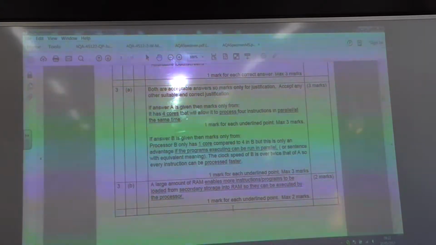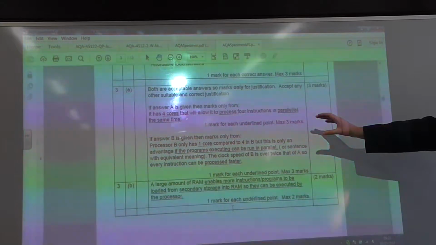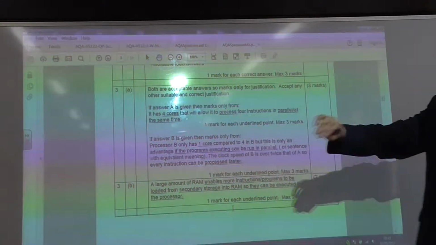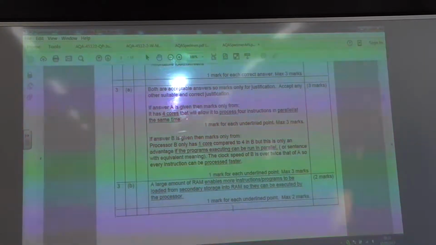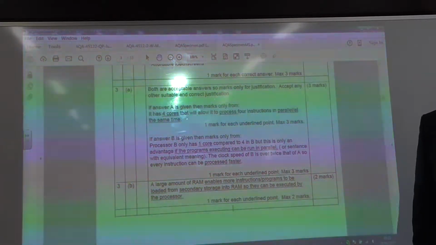Remember, this is a specimen paper, which means it's been through less editing, less refinement. I find it hard to believe that that would be the final mark scheme on a proper exam paper. I think there'd be another bit that says they've quantified it, and you might get 3 marks there. But if you get a question on core processors, please make sure that you mention the word process.